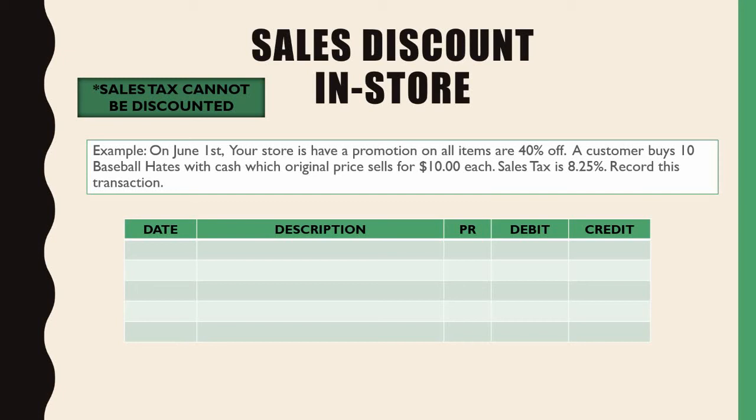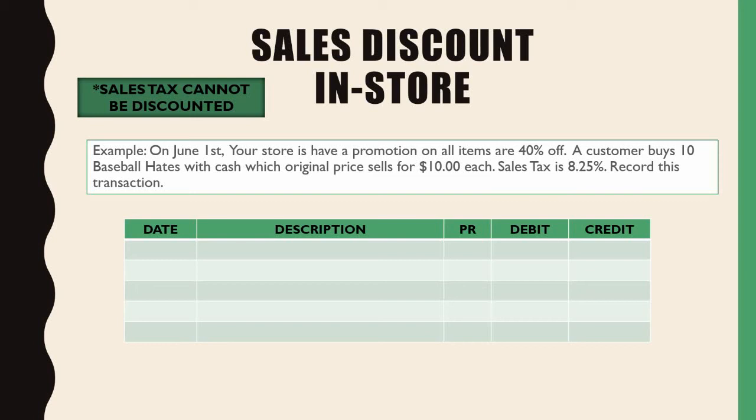Well, I know we're going to credit the sales tax payable for $4.95. So I'm missing something in there. You're missing two things. You would record it at full price, then credit the 40%, and then credit the 8.25%. You are on the right track.